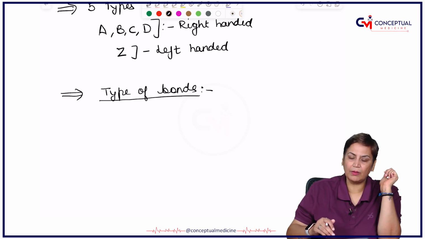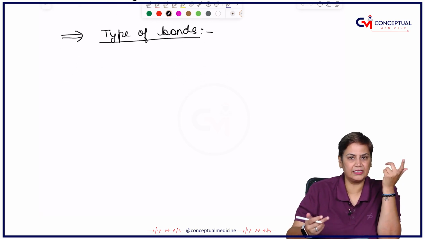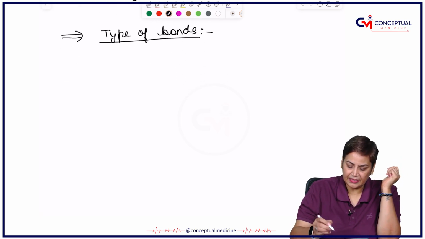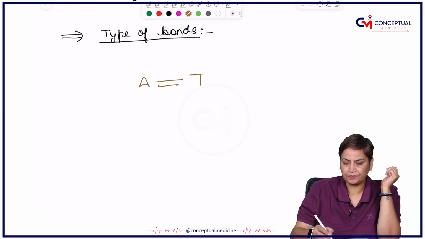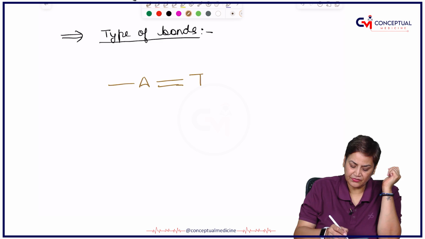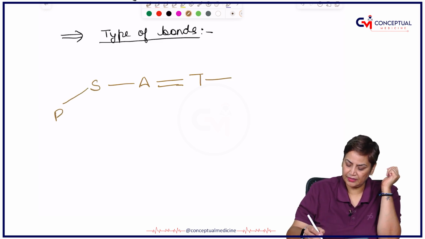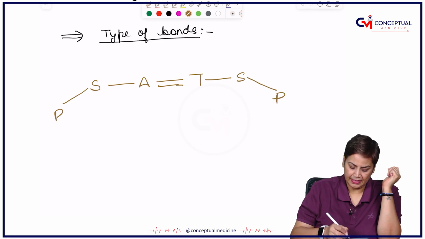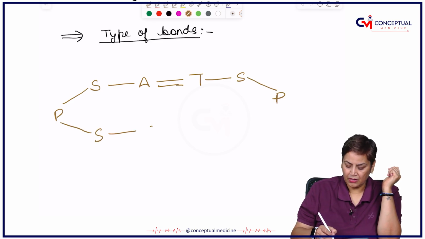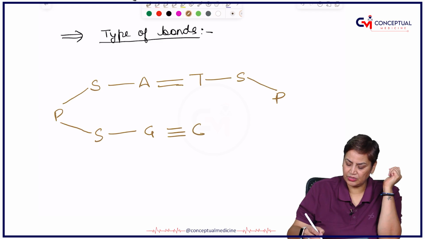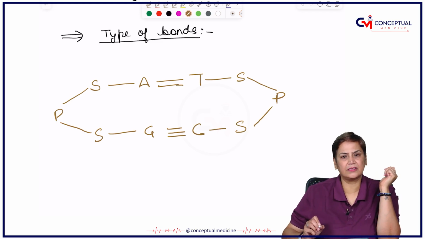Now, when we talk about the bonds, we know that DNA is double-stranded. So it's like adenine with thymine, which is further attached to sugar, which is further attached to phosphate, like this. Guanine and cytosine, like this.